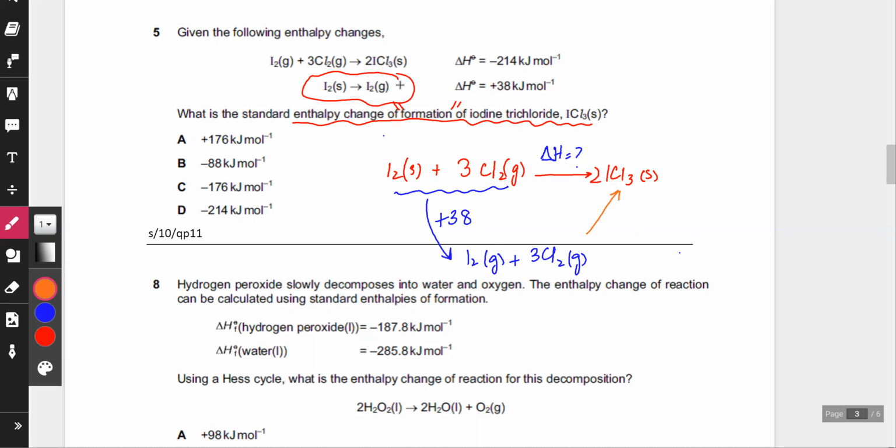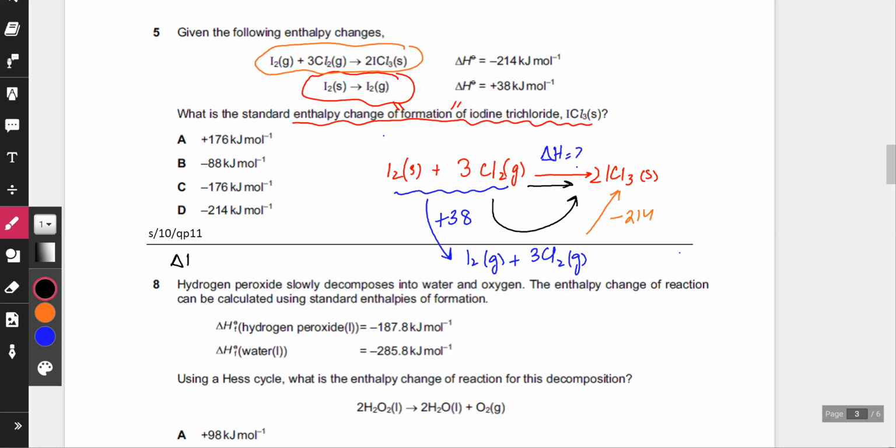What is this path? Isn't it this path? That I2 gas and 3Cl2 gas are getting converted into 2ICl3 solid. So this is minus 214, right? So what's the enthalpy change now? One path should be equal to the other path. So this is one path, and that's your other path.